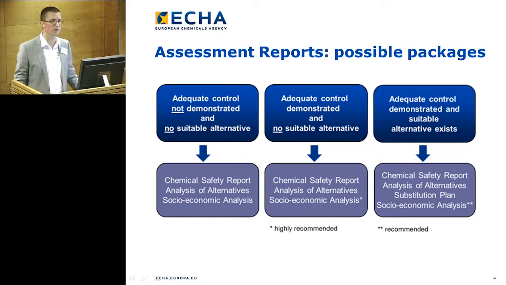If you can demonstrate that you have adequate control and there are no suitable alternatives, then we recommend you to submit a chemical safety report, the analysis of alternatives, and a socio-economic analysis. If adequate control is demonstrated and there are suitable alternatives, you have to submit a chemical safety report, the analysis of alternatives, a substitution plan, and a socio-economic analysis.